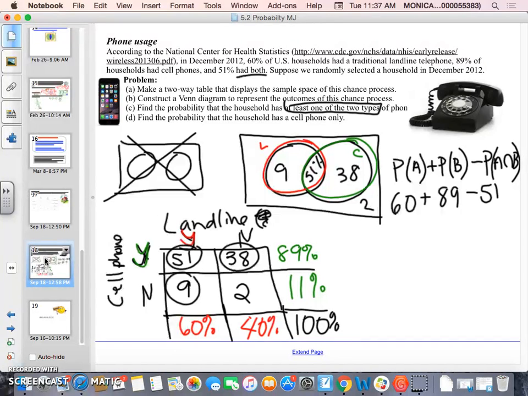So 60 plus 89 minus 51 is 98%. And you can also get that by adding 9 plus 51 plus 38, or just subtracting the 2 that doesn't include.